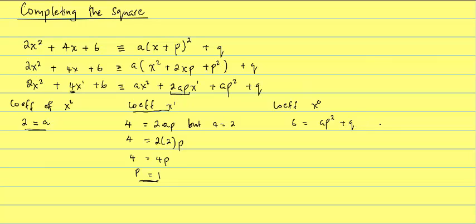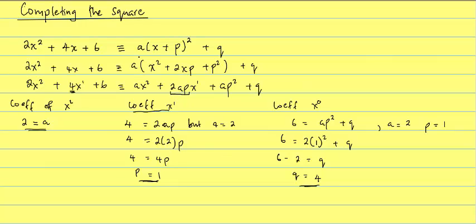So in place of a, I am going to put the value of a that we've just found, so a is equal to 2, and in place of p we will put p is equal to 1. So 6 is equal to 2 multiplied by 1 squared plus q. So this should give us 6 minus 2 is equal to q. Therefore q is equal to 4.